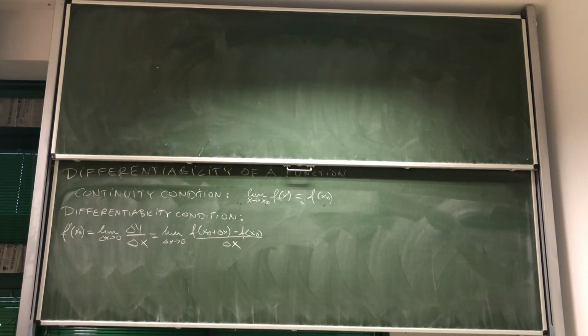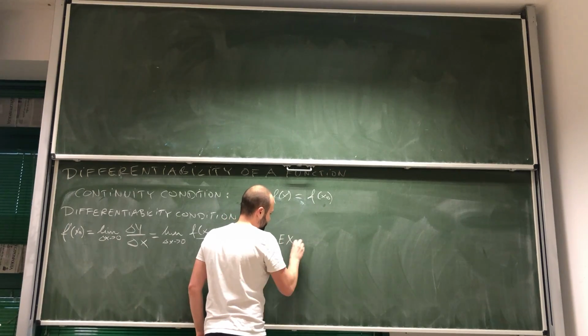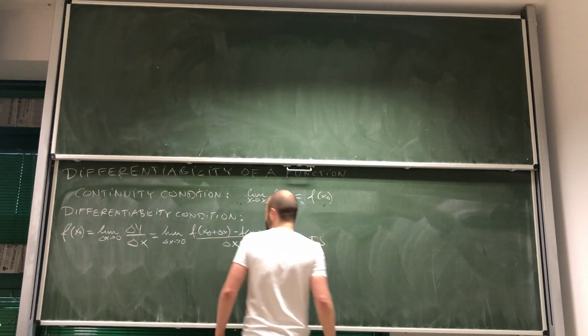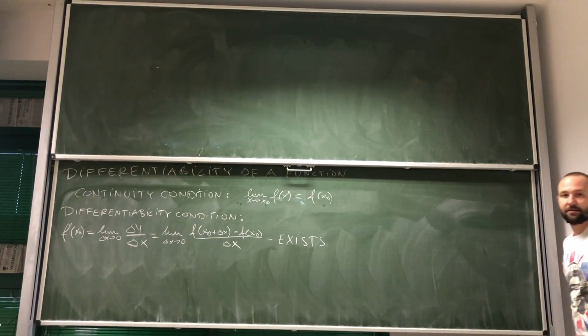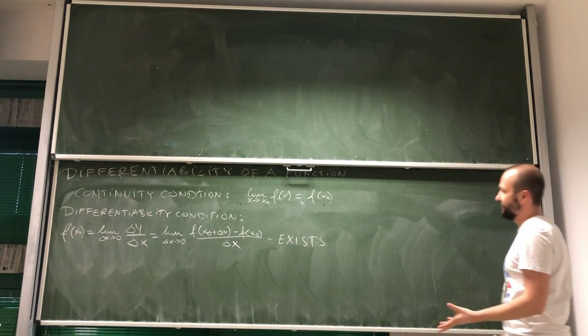And look, the condition for differentiability is very simple. This limit must exist. So if this limit exists, this means we can calculate a derivative.